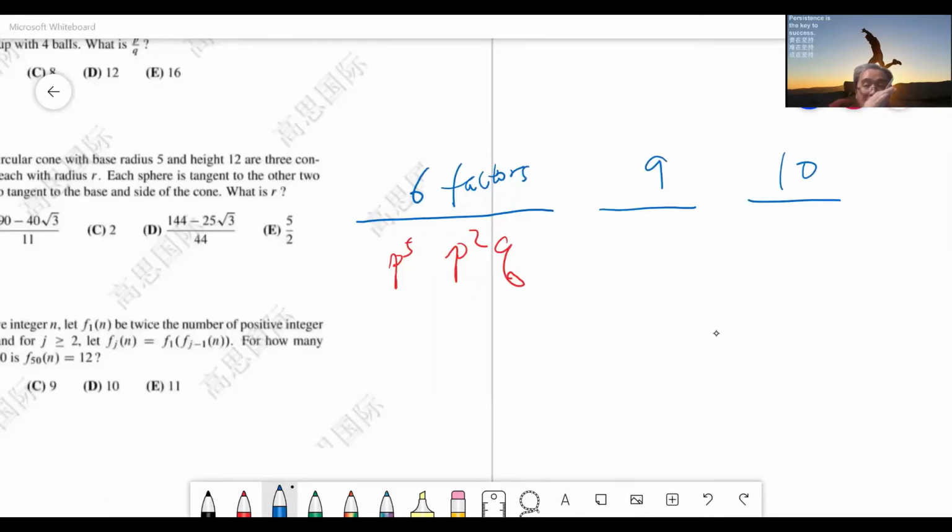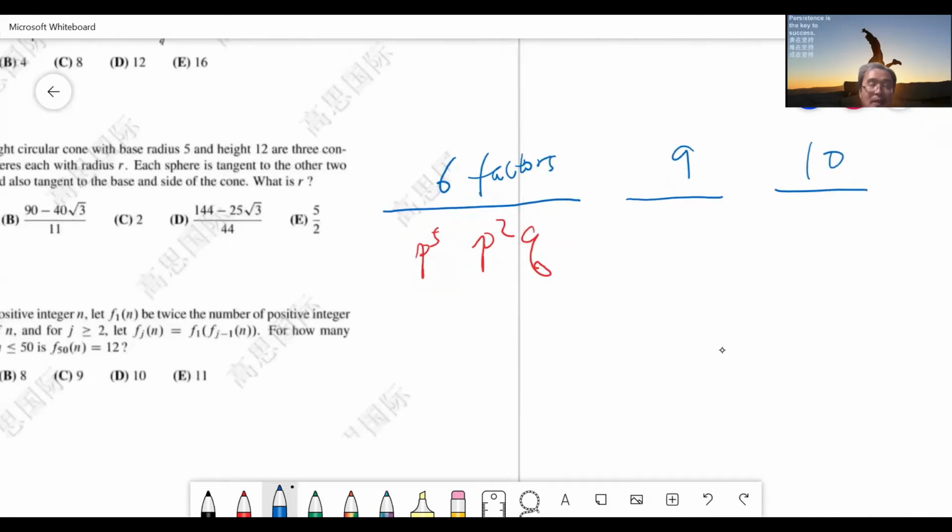Okay, so before we showed that n must have 6 factors, 9 factors, or 10 factors in order to get F50 equal to 12, right? So then we first look at 6 factors. If we have 6 factors, this number must be a prime to the power 5 or a prime p to the power 2 times q, right? Where p and q are both prime.